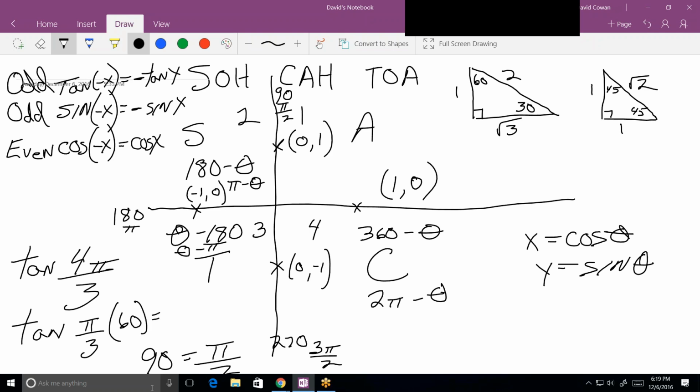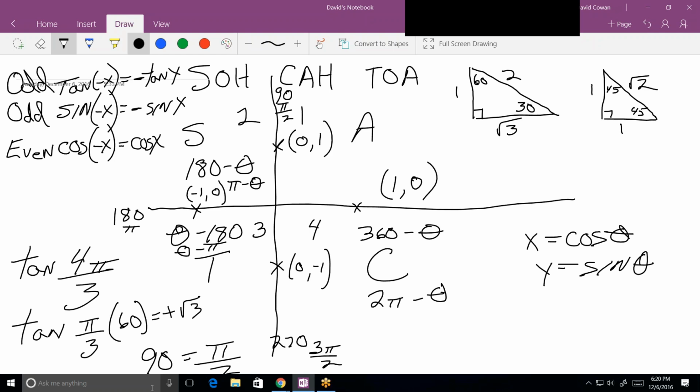And now read your triangle. What's the tangent of 60 degrees? Square root of 3. Okay, and now put a plus or minus sign on this. Plus. Because we're in the third quadrant.